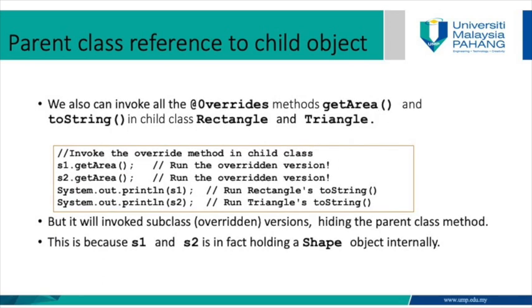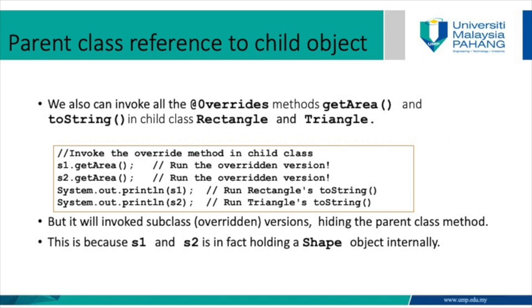Other than that, we can also invoke all the overridden methods, getArea and toString, in the child classes Rectangle and Triangle. So how can we do the process? This is how you invoke the overridden methods in a child class.